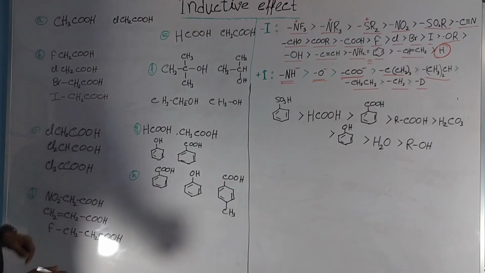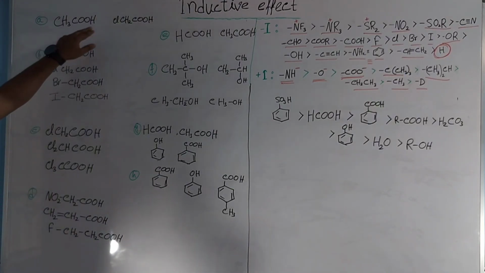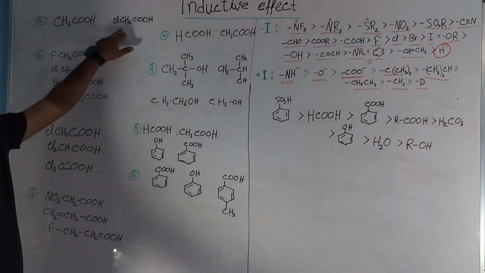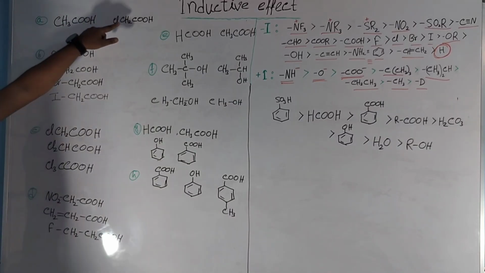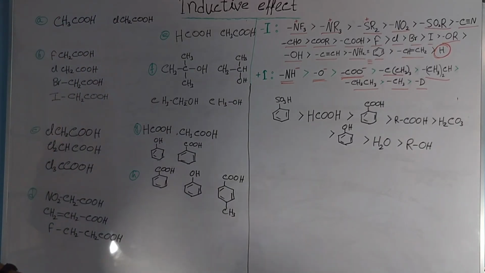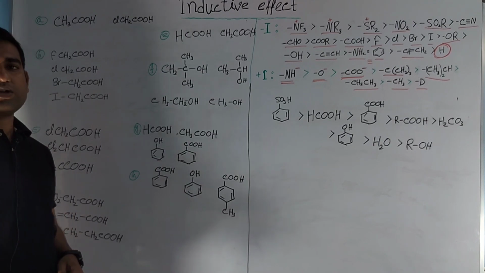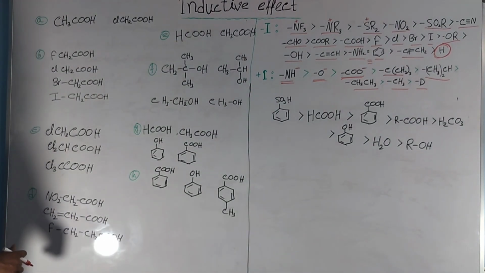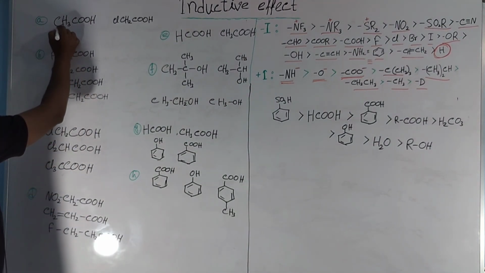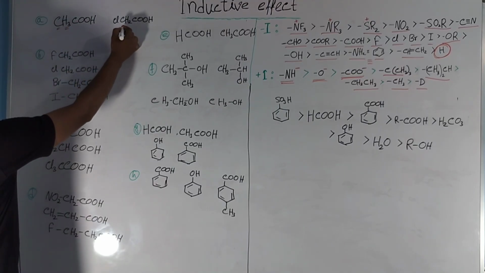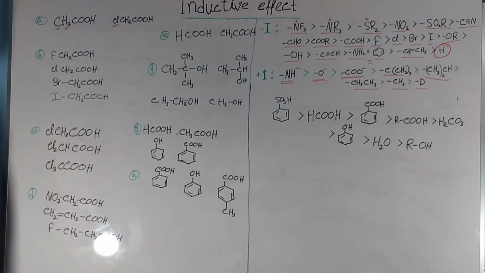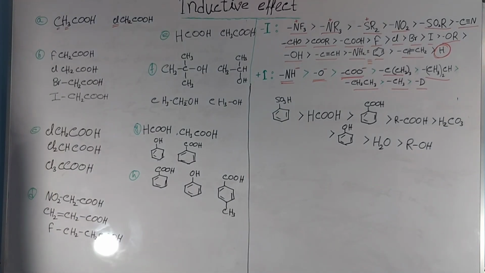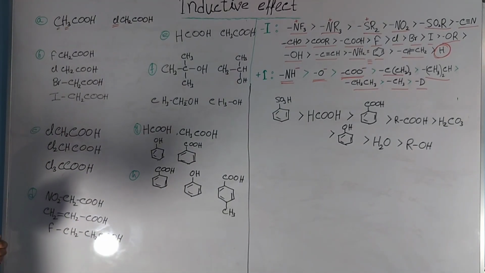So first example is acetic acid and 2-chloroacetic acid, means IUPAC name ethanoic acid, 2-chloroethanoic acid. Which one is the more acidic? So remember, here one carbon is attached with 3 hydrogen, here one carbon is attached with 2 hydrogen and 1 hydrogen replaced with chlorine. So chlorine's minus I power is higher.